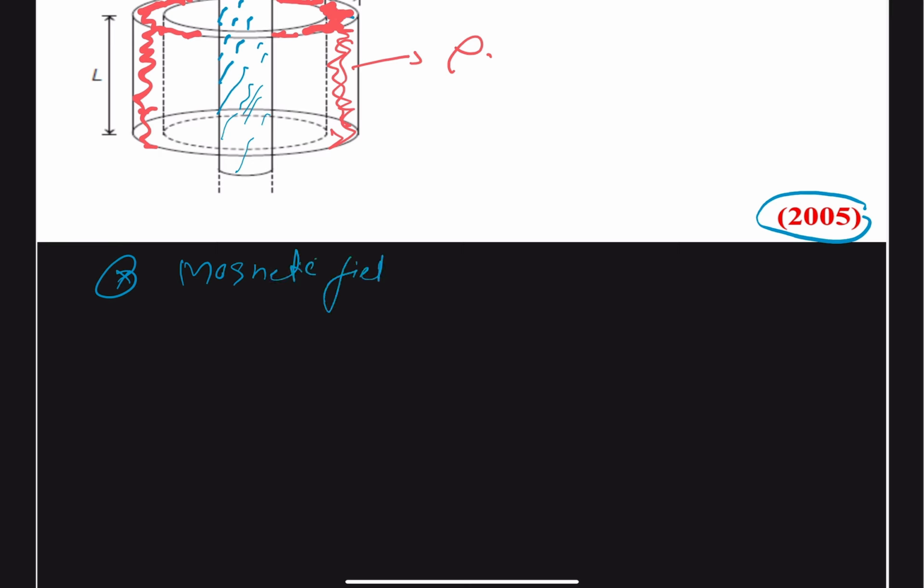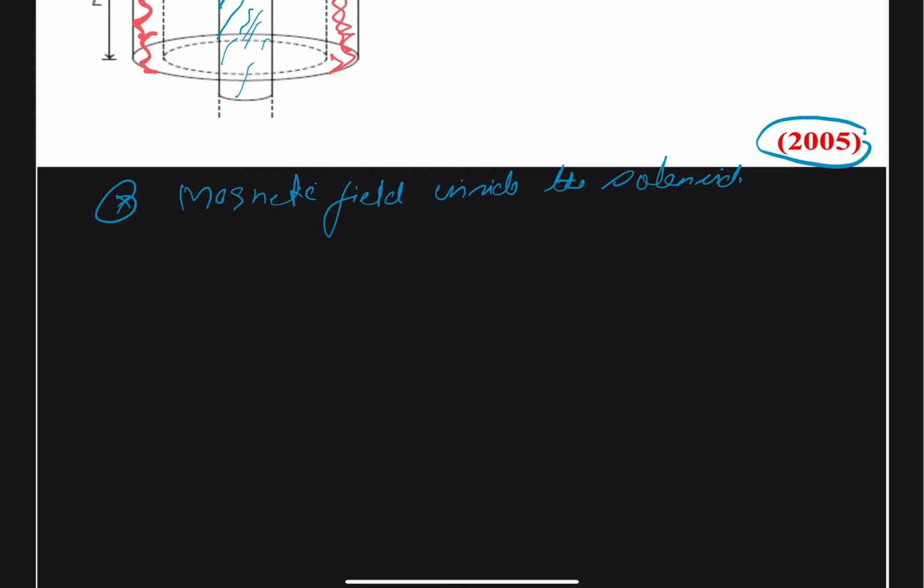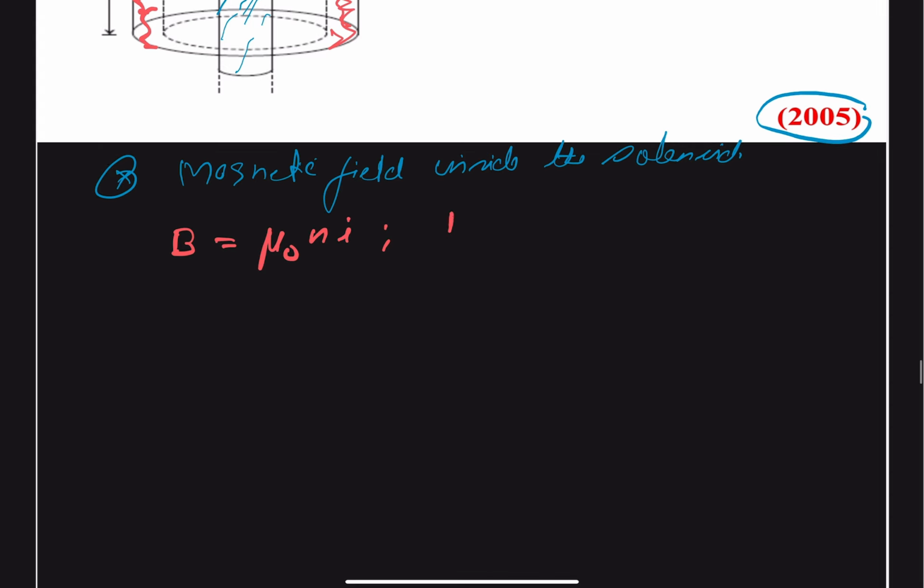If that is represented as B, so B will be equal to mu naught n times I, and here I is given as I naught sine omega t. Therefore we can write B will be equal to mu naught n I naught sine omega t.